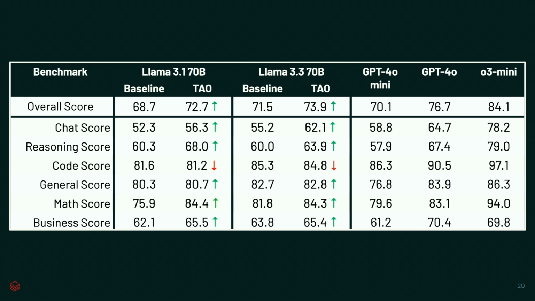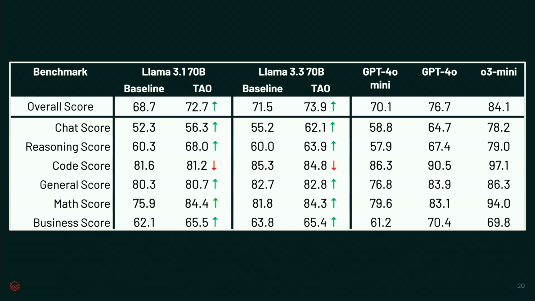So now we're going to measure the performance of these LLMs across an aggregate set of domains. Here it's an aggregate of a lot of chat benchmarks, some reasoning benchmarks, coding benchmarks, a more general benchmarks category, some math benchmarks, and some business benchmarks, the very enterprise-relevant domains. When you apply TAO to both Llama 3.1 70B and Llama 3.3 70B, you're able to improve both of these models.